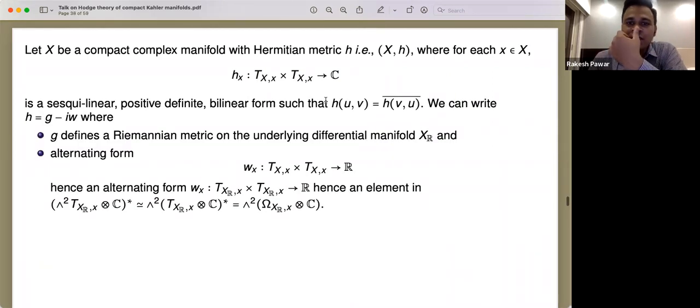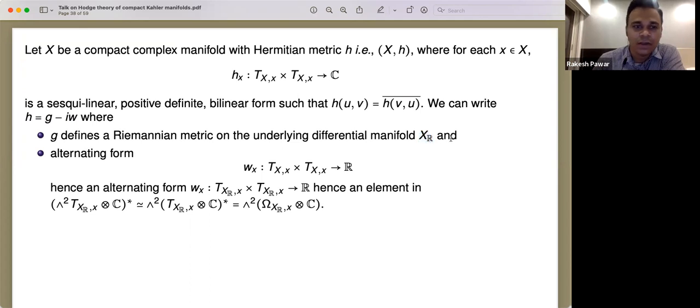Now what we can do is, since for every pair I get a complex number, I can write it as a real part and an imaginary part. So I will decompose this h as g minus i times w, where g is some real number for every pair, and I will write w as the minus of the imaginary part of h. And it will turn out that with these properties, this real part will form a Riemannian metric on the underlying differential manifold.